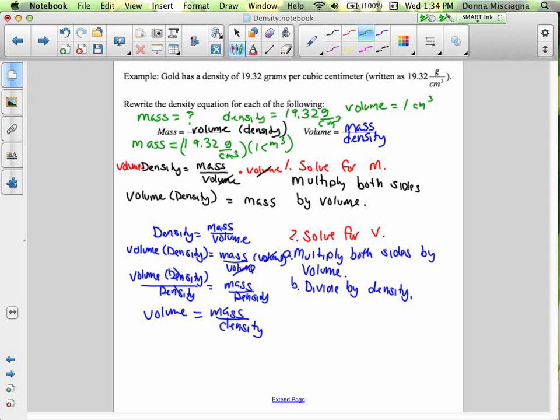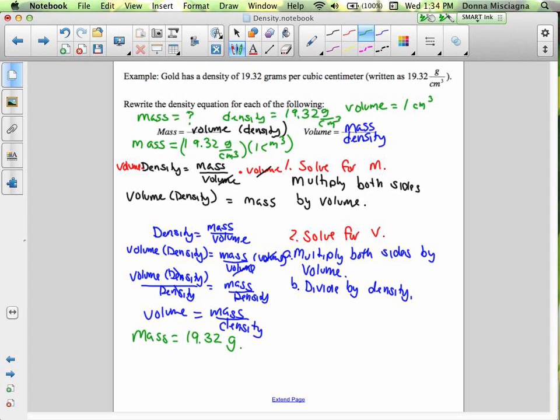Yeah. The centimeters cubed will cancel. So our mass is just 19.32 grams. So you could use these equations to solve for mass if you know volume and density.